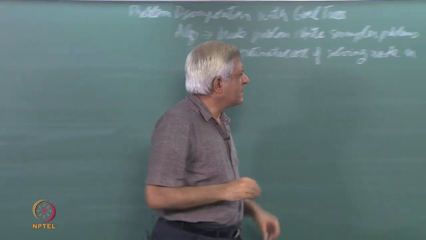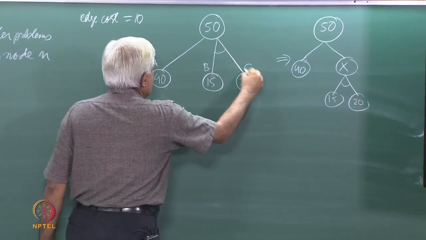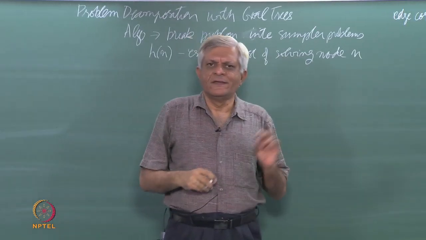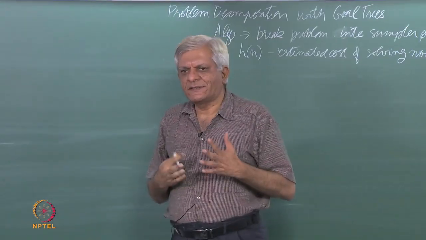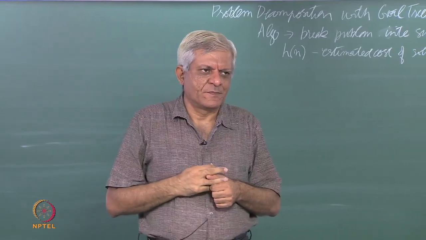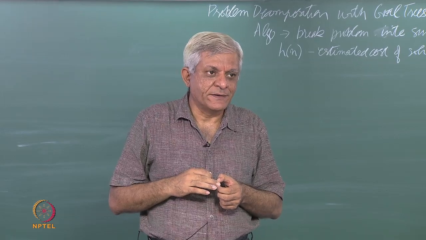Let me call them A, B and C. This is start node S, we will use similar terminology. So, between A, B and C, which is the next one I should expand? A. Why is it?